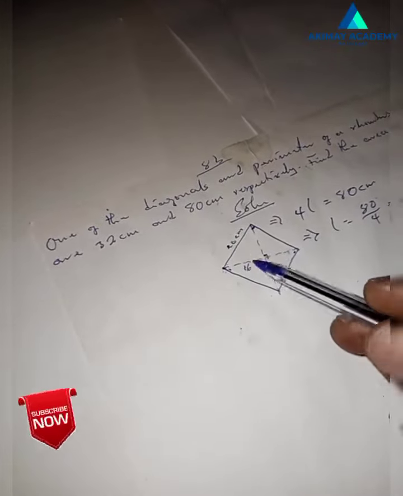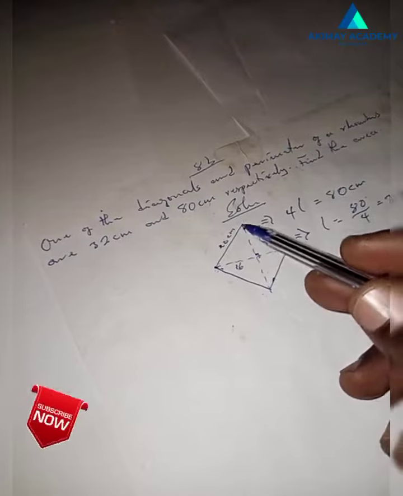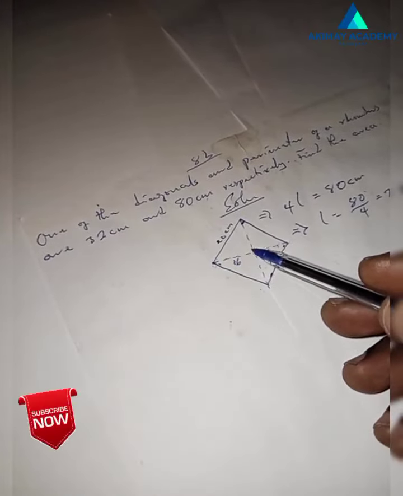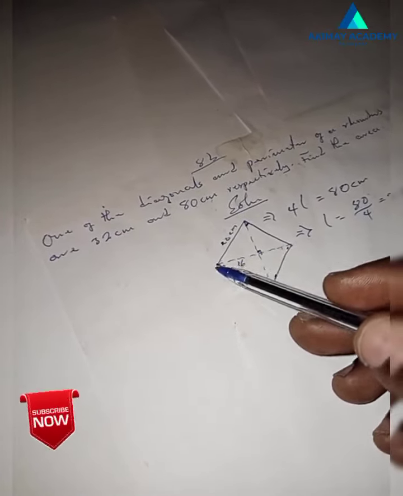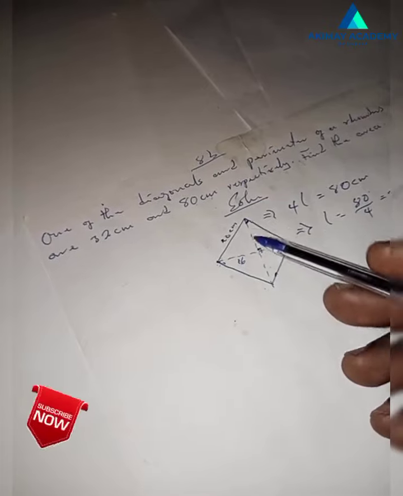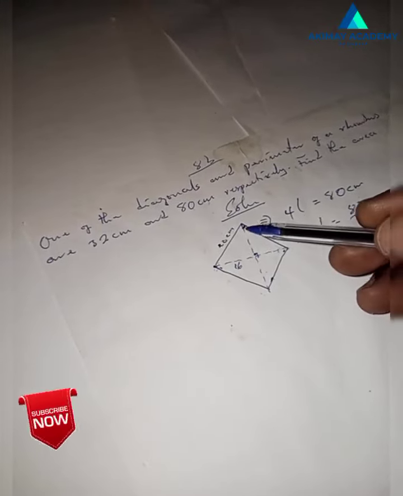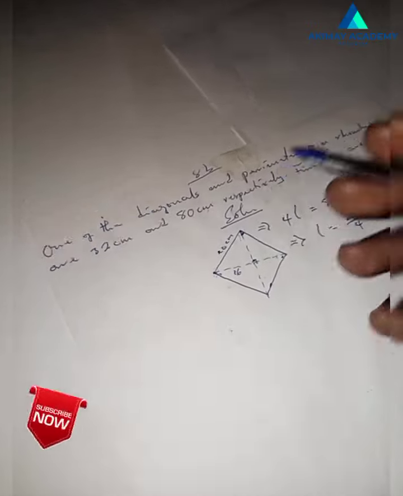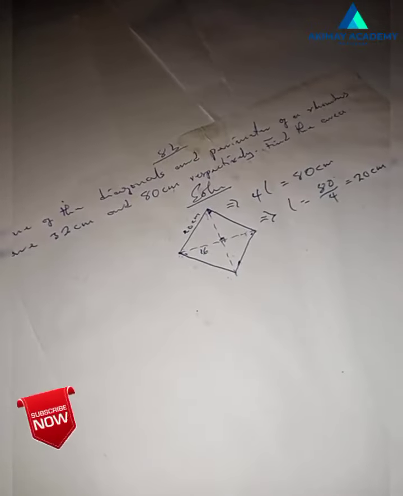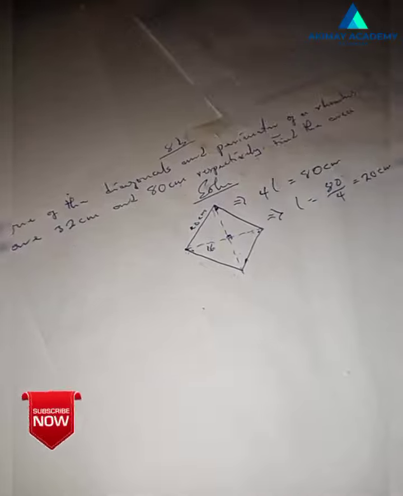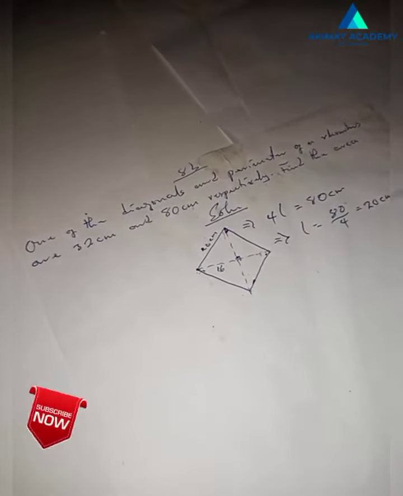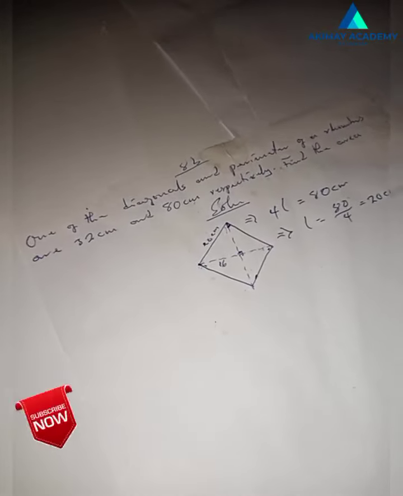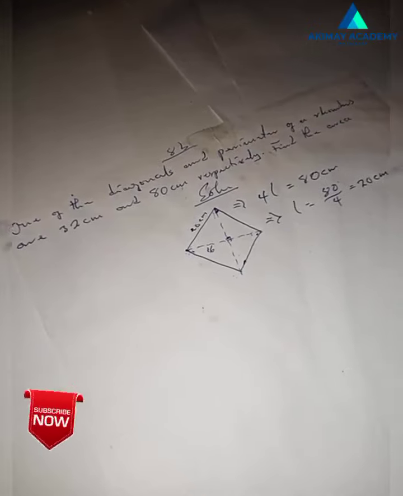In that case, here is a right angle, then here is our hypotenuse, and you can see we have a right angle triangle over here. Therefore, we can find this length over here, because to find the area of the rhombus, you know, the area of a rhombus has about 3 formulas.